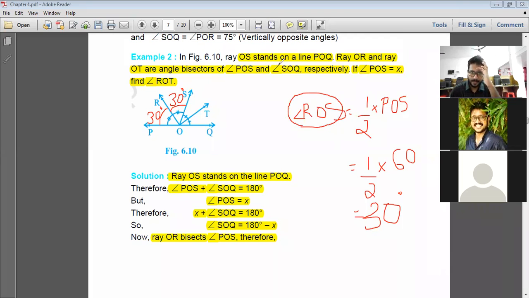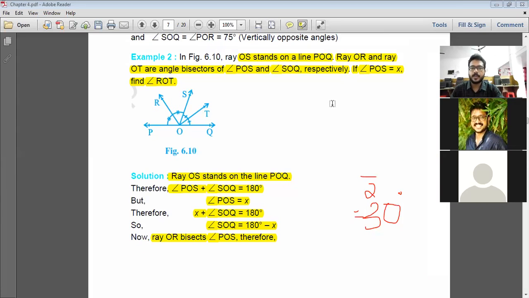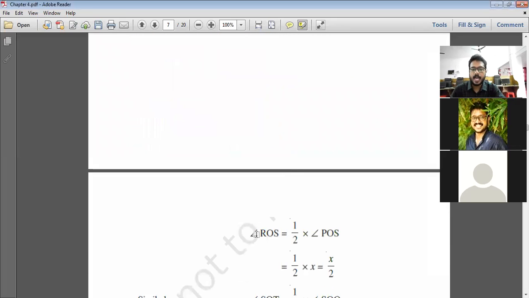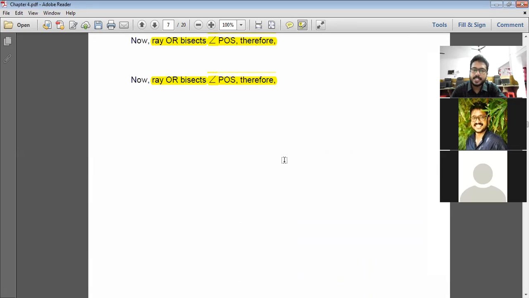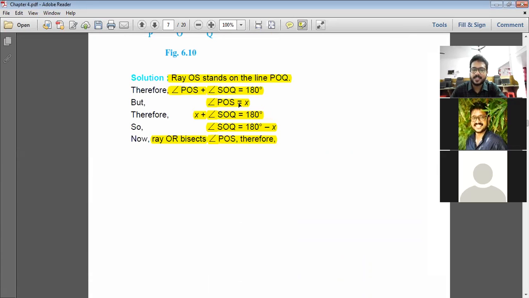Clear? So that's why we have written angle ROS is equal to half into angle POS. Now, what is angle POS? It is equal to X. It is given in the question.